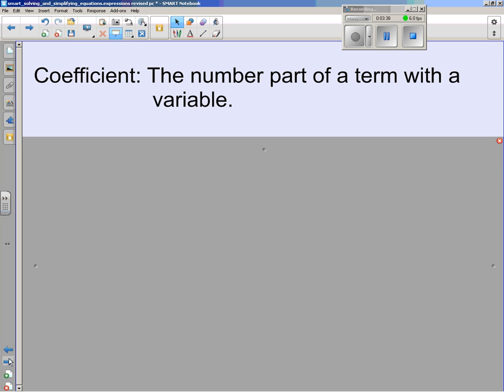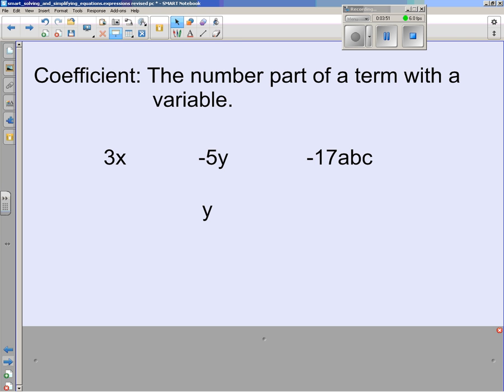More definitions. The coefficient. The coefficient of a term is the number part of any term with a variable. Let's look at some examples here. This is a term, 3x. It has a variable. The number part of that term is 3. So your coefficient is 3.